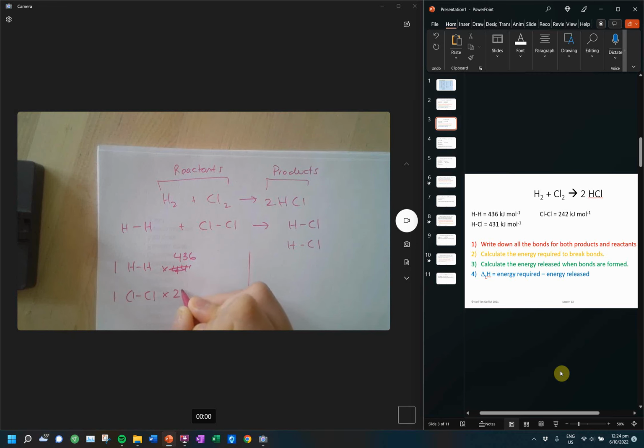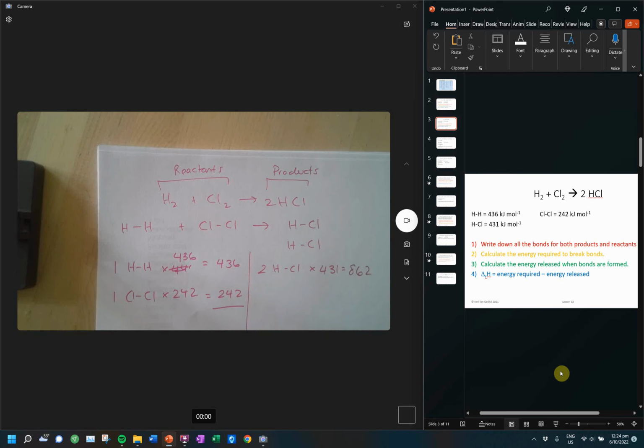Don't have to do a whole lot of work there, because it's just times by 1. In this case here, we have 2 of the hydrogen-chlorine bonds, so we times that 2 by 431. I should also sum up that total. I'm just working a little bit fast because this is the second time you guys have seen it. 862.